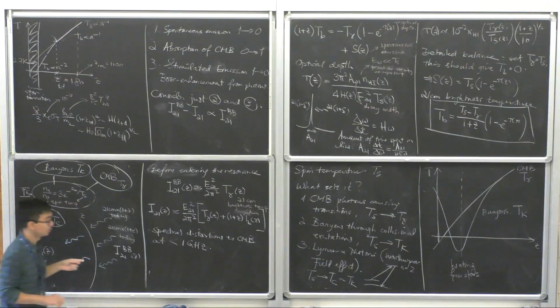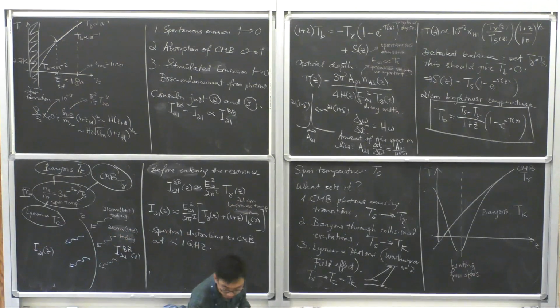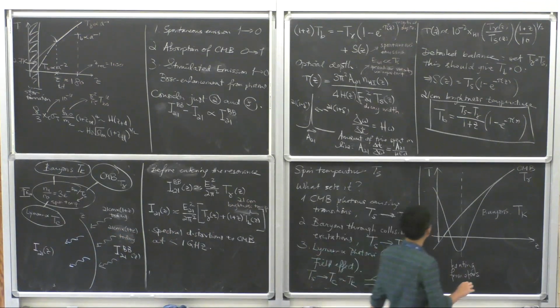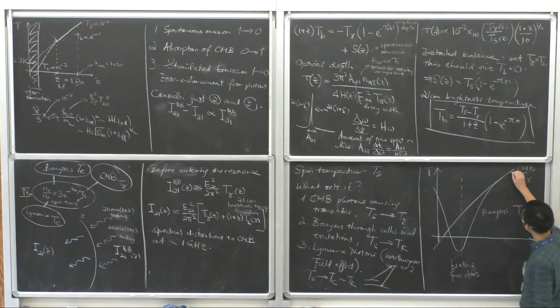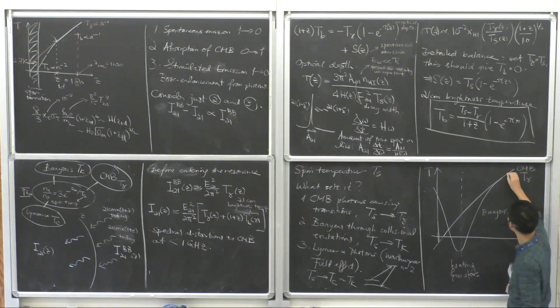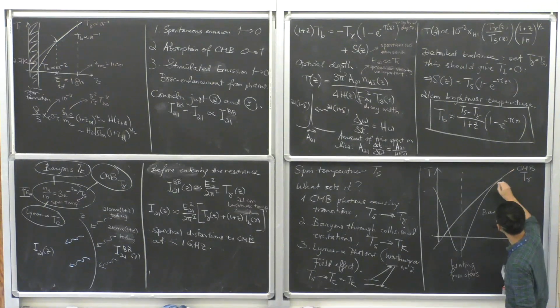Okay, and so the typical evolution for Tk is that initially everybody is in equilibrium, and so I'm talking about Ts tracks the CMB, so this is Ts.